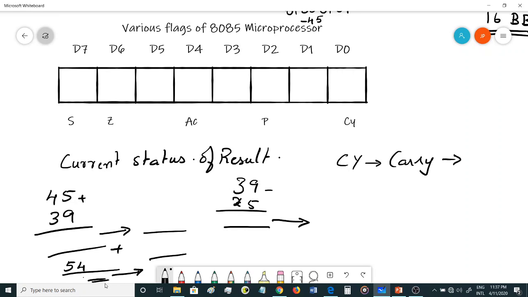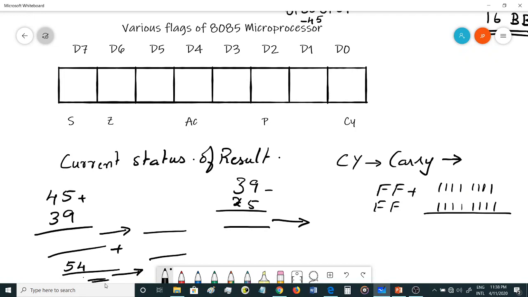Whenever you do an arithmetic operation like addition or a subtraction, if there is a carry from your 8th bit, let's look at one simple example. Let's add FF plus FF. FF is 1 1 1 1 1 1 1 1, and again 1 1 1 1 1 1 1 1. This is the maximum two numbers that you can add.